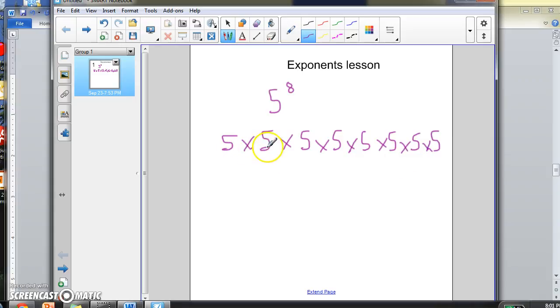So I'd have 5 times 5 times 5 times 5 times 5 times 5 times 5 times 5. 5 is my base. 8 is how many times I multiply 5.